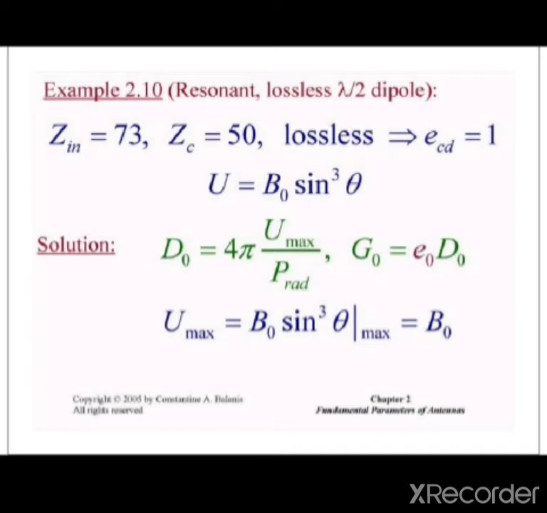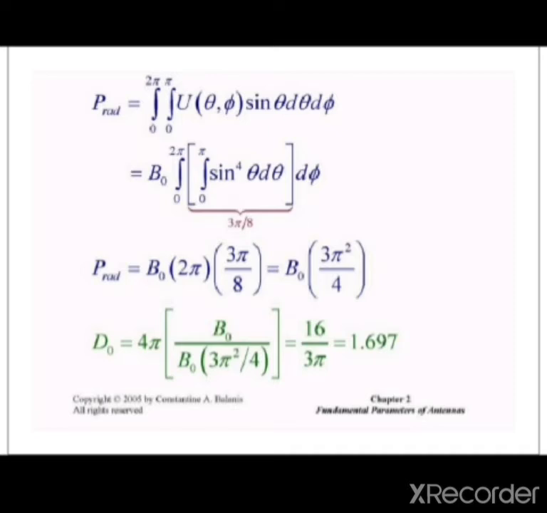From that relation, U max: we already know U is B0 into sin cube theta, where it should get the maximum when theta is equal to pi by 2, and U max is equal to B0. Now you will apply it like this and you will get the directivity, which is B0 into 3 pi square by 4.